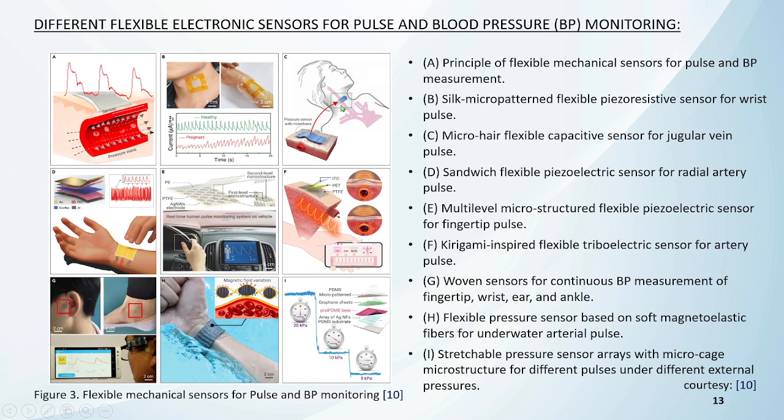It is a micro-hair flexible capacitive sensor, then a sandwich flexible piezoelectric sensor, then a multi-level microstructured flexible piezoelectric sensor, then a kirigami-inspired flexible triboelectric sensor, and a woven sensor for continuous measurement of fingertip, wrist, ear, and ankle. Here, a flexible sensor based on soft magnetoelastic fibers for underwater artery pressure and pulse.